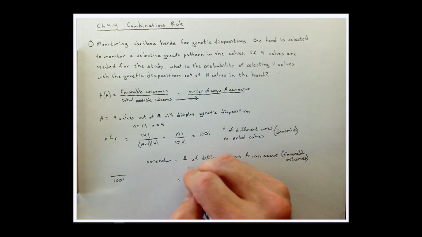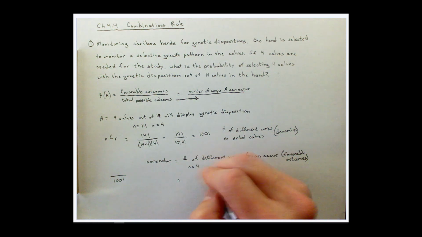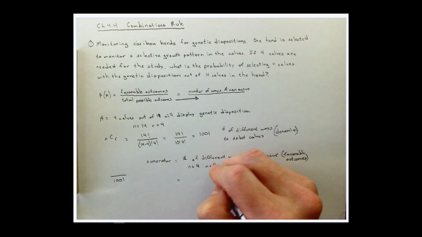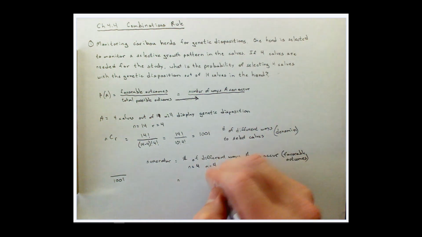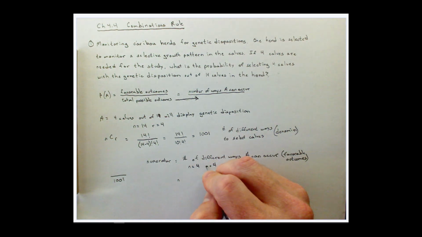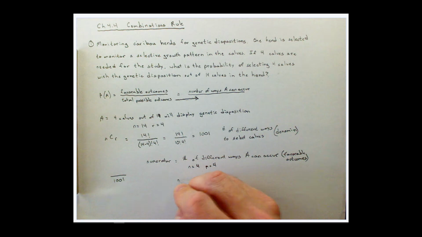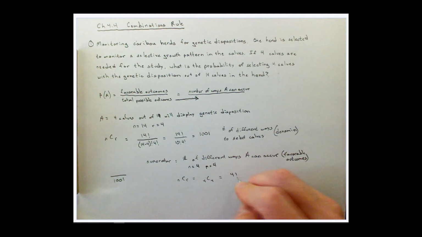I have 4 calves and I'm selecting 4. These are the 4 favorable ways, and this is R. And I'm selecting a group of 4. So really what this turns into is 4 choose 4, and this is just the math behind how I get a numerator of 1.